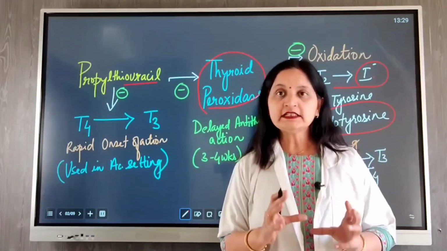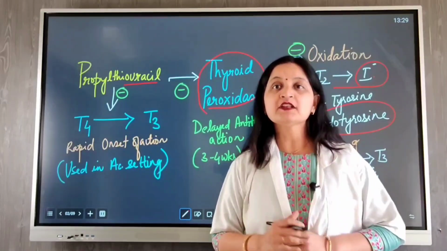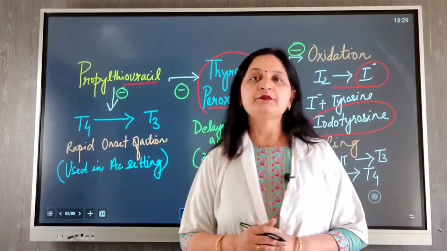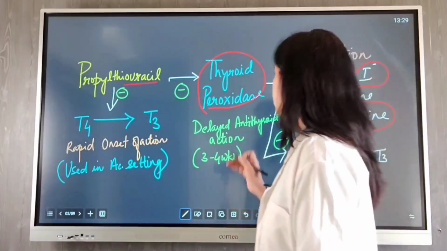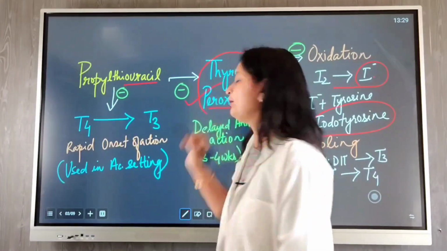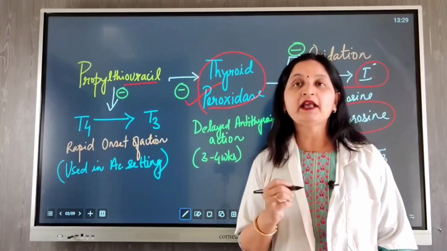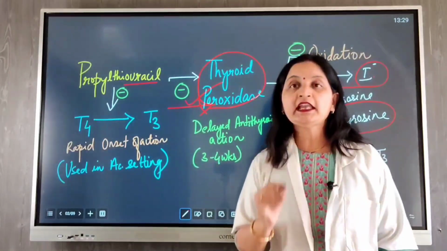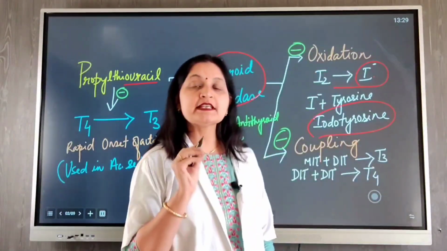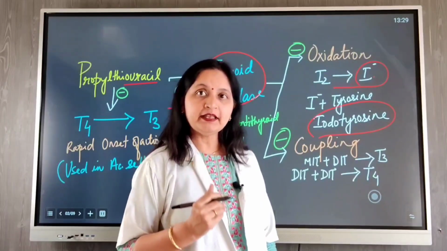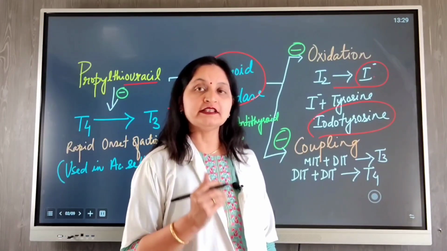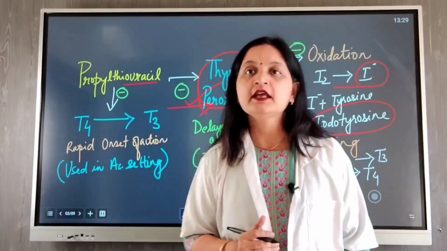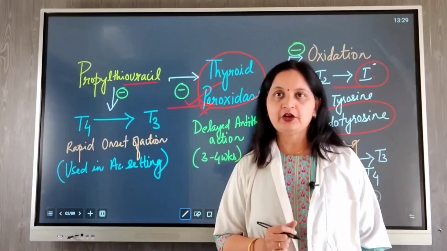So oxidation and coupling are responsible for thyroid hormone synthesis, and the enzyme that catalyzes these steps is thyroid peroxidase enzyme. Propylthiouracil, by inhibiting thyroid peroxidase enzyme, inhibits oxidation and coupling, thereby inhibiting the synthesis of thyroid hormones, decreasing the thyroid hormone levels, and helping in controlling the symptoms of hyperthyroidism.